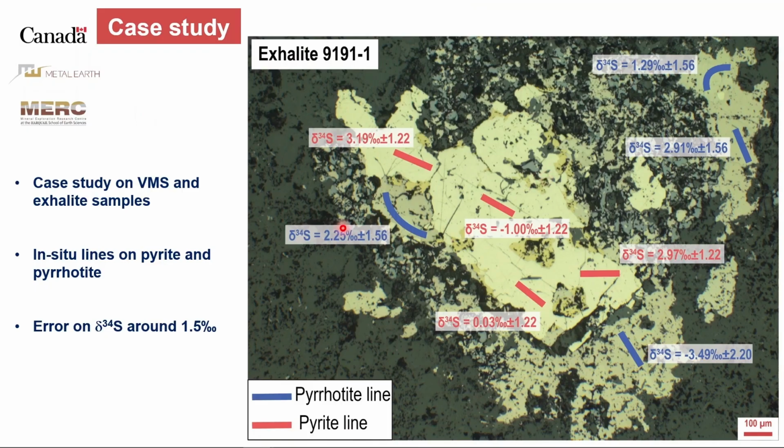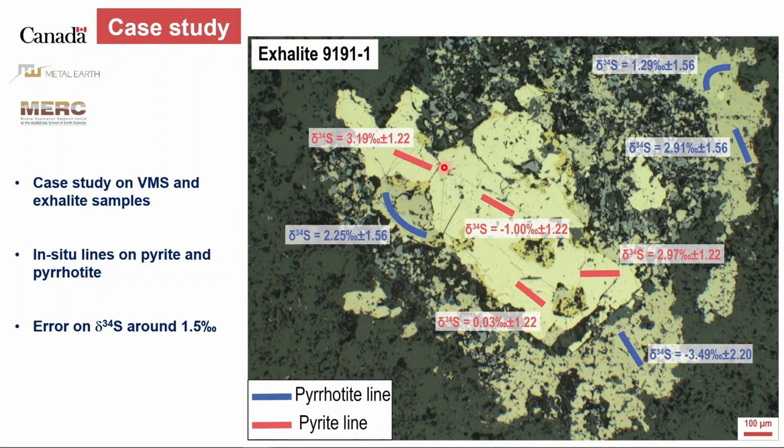Basically, I used the same thin sections of the VMS deposit I just showed you results from before, so I have an idea of the isotopic signature of these VMS and exhalite samples. What we can do so far with sulfur isotopes with the laser is lines.